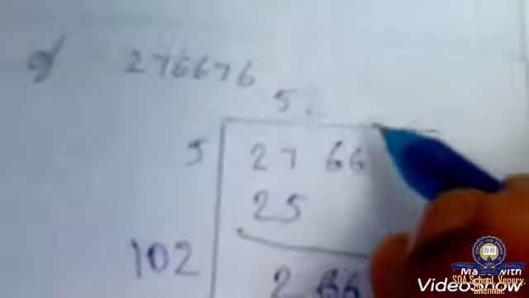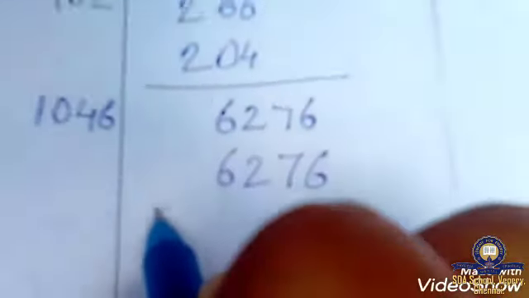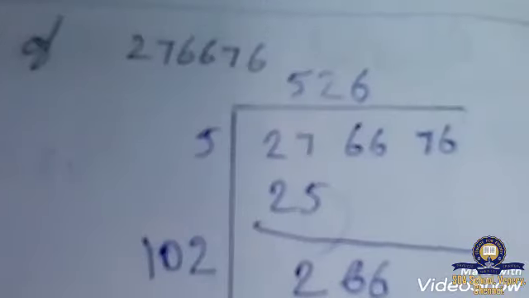So it is the exact term we want to find. So put 6 on the left side and in the quotient. When we subtract these terms, we get 0. So now the quotient is our answer.